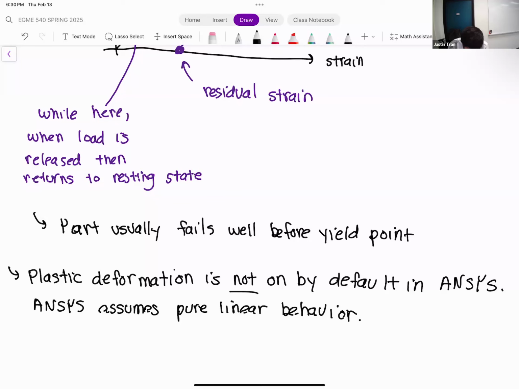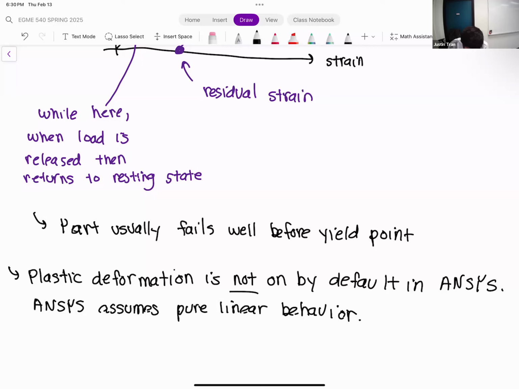And that's mostly just for computational considerations. If you're assuming that the material is purely linear, it makes your simulation a lot cheaper, a lot faster to run. Okay. It is possible to do plastic deformation within ANSYS itself, but you have to turn it on.